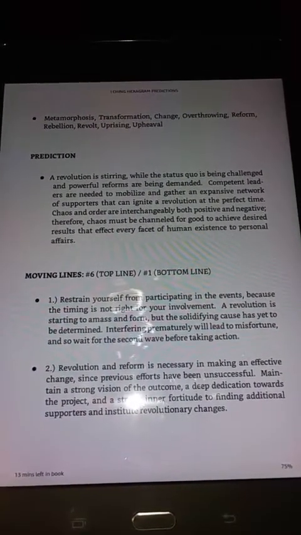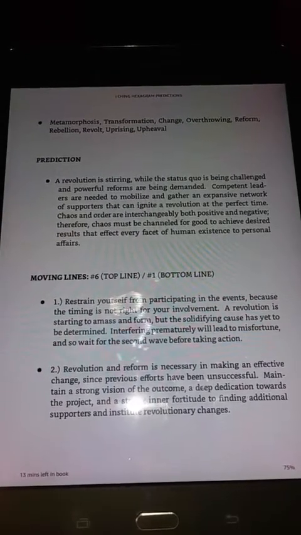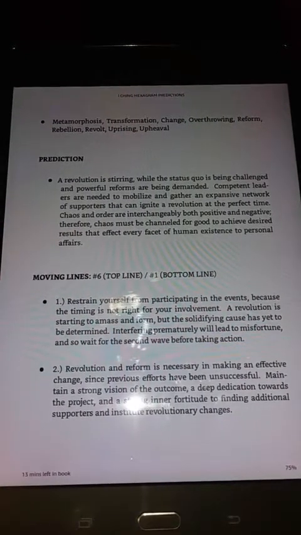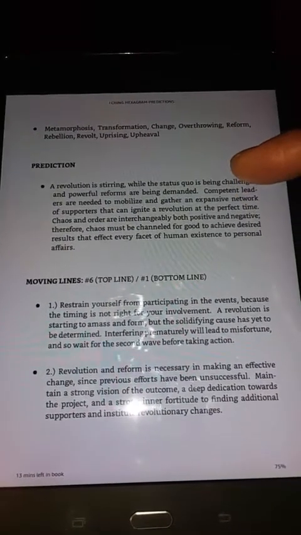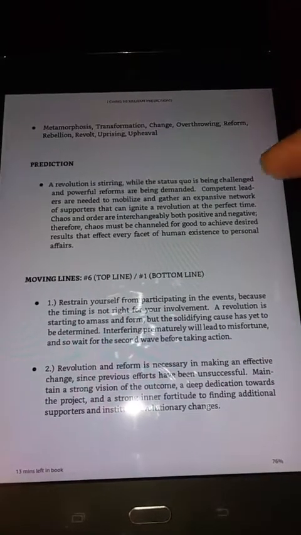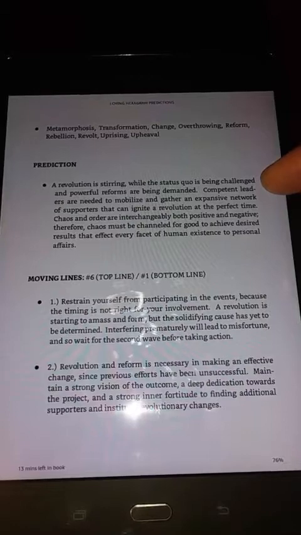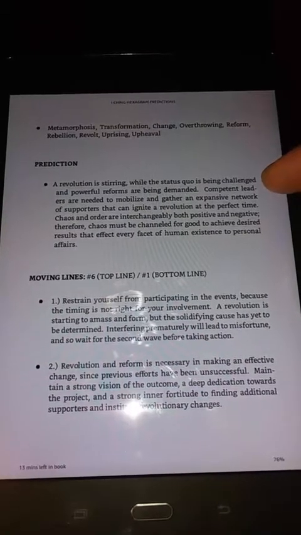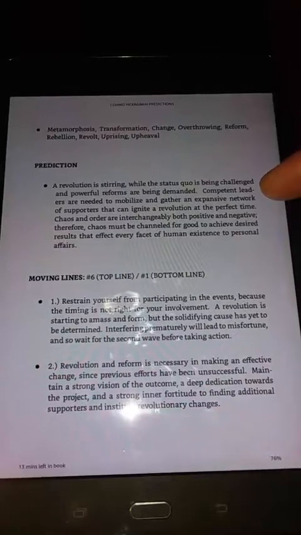Well, it's things like metamorphosis, transformation, change, overthrow, reform, rebellion, revolt, uprising, upheaval.